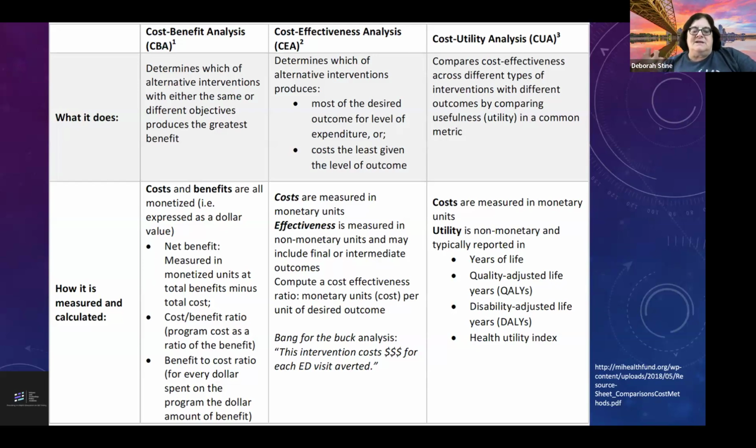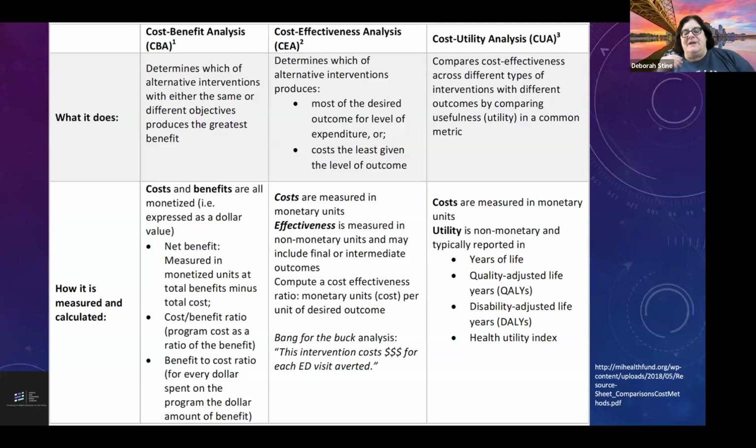So as I mentioned, if we're going back to the next chart about how it's measured and calculated, cost and benefits are in dollars, but the key thing to remember with benefits is that it is often avoided cost, because that is what can get confusing for people.